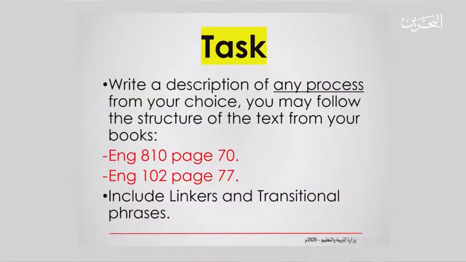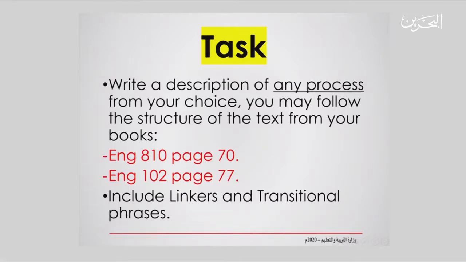Before I end my lesson, my dear students, I'll give you a very simple task that you could do at home. I'll ask you to write a description of any process of your choice. You can choose anyone. You can refer back to the examples that I gave you, or you can choose anything of your own. You may follow the structure that is mentioned in the book.